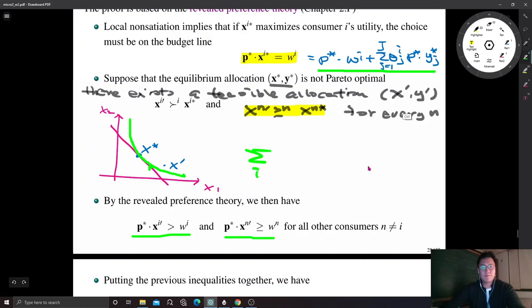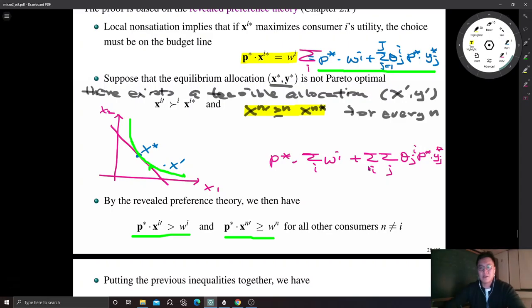Summation over i, then P star dot summation of omega i, and we have a double summation over i and j of theta ji, P star, yj star. But we can interchange these two summations. So we first add over i the theta ji, P star, yj star.